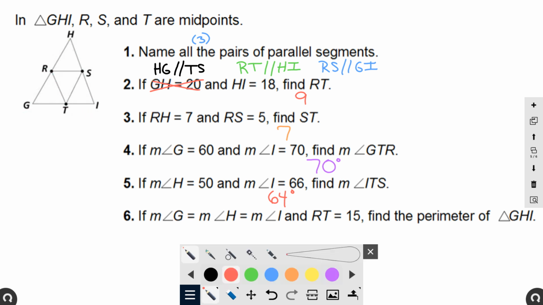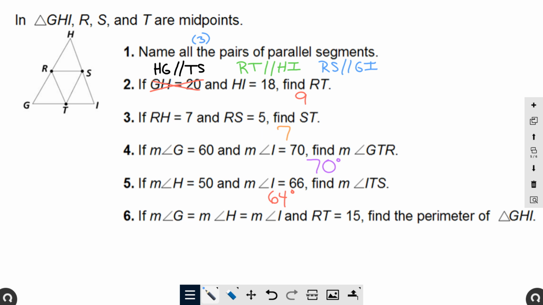All right, last one we got here. Angle G is equal to angle H, which is equal to angle I. So all three of these have the same angle measurement, right? What's the only number that all three of those could be that are all the same that make 180? 60.